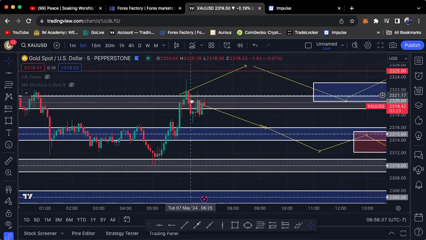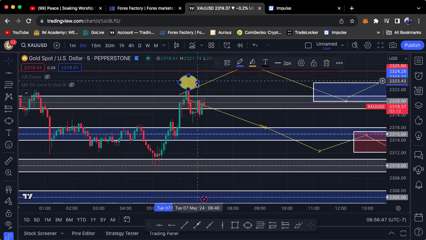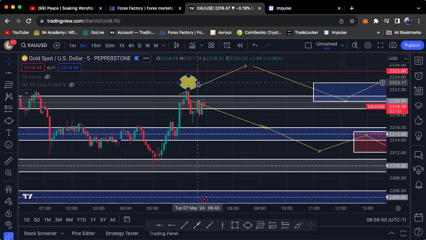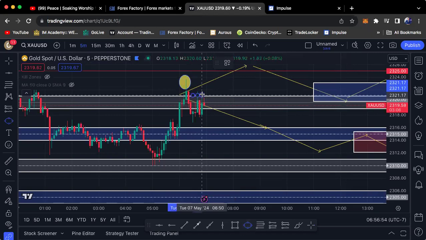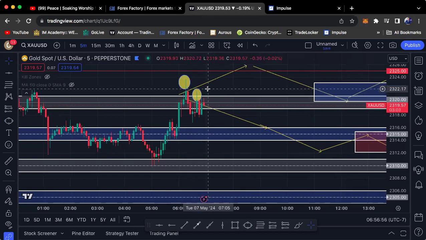Market is failing to create that new higher high. So it failed to create a new higher high here. See, it failed to create here. It failed to create it here. See that?